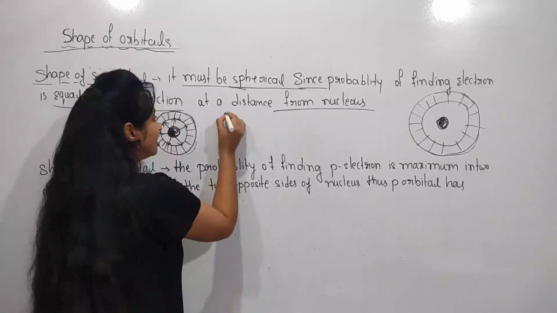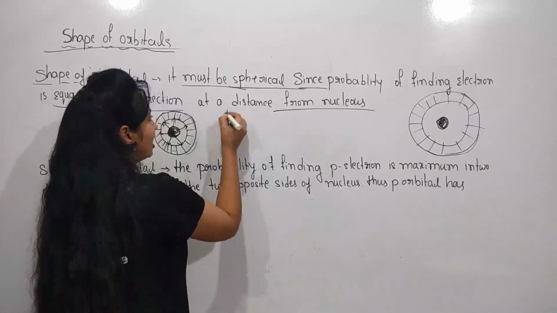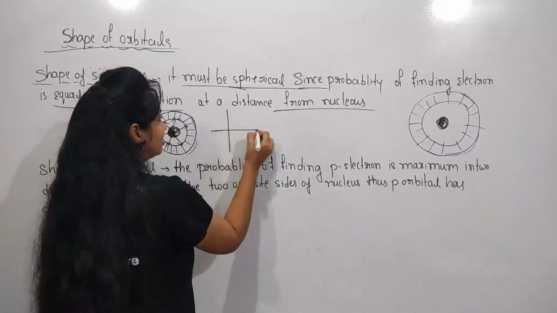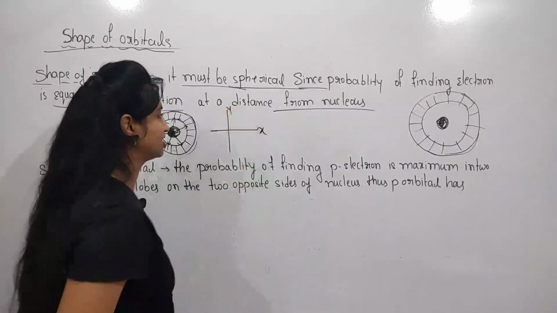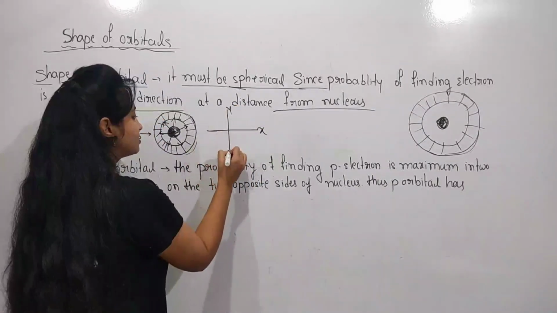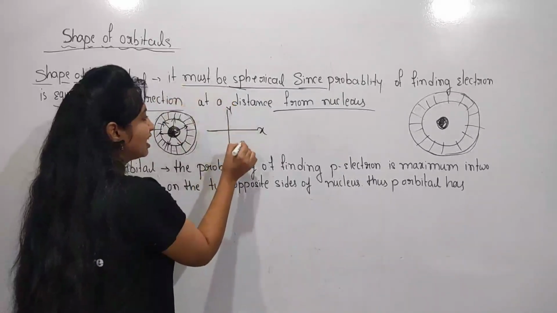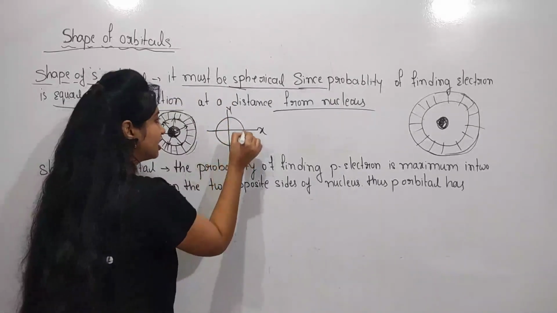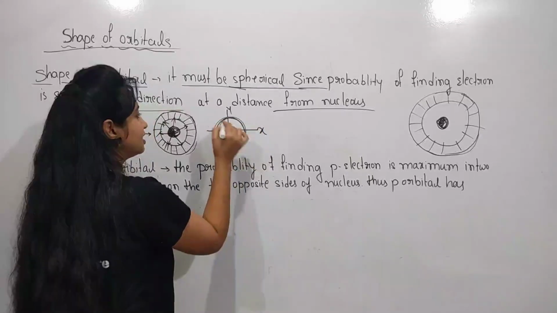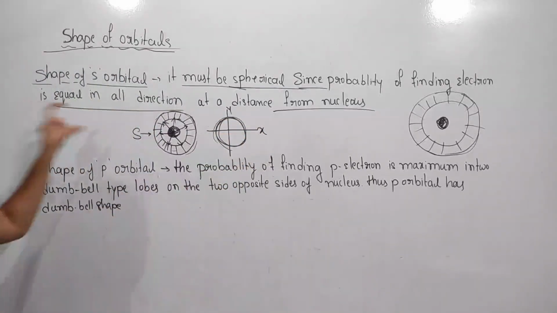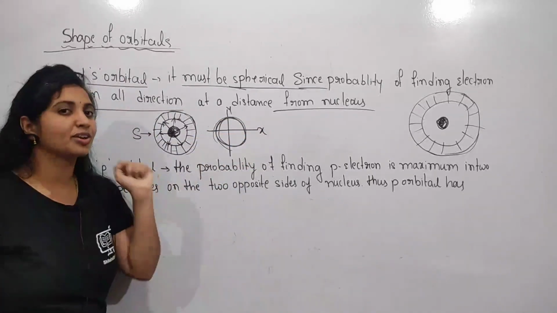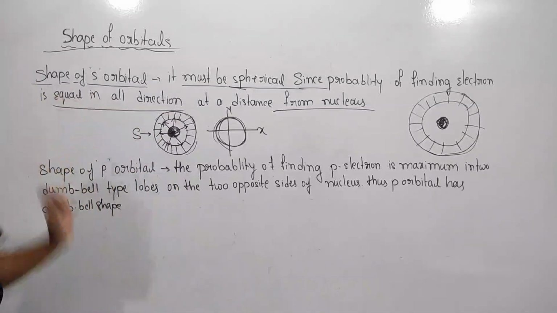We have x orientation and y orientation, but our s orbital is spherical in shape, because in all directions the density of an electron is equal.